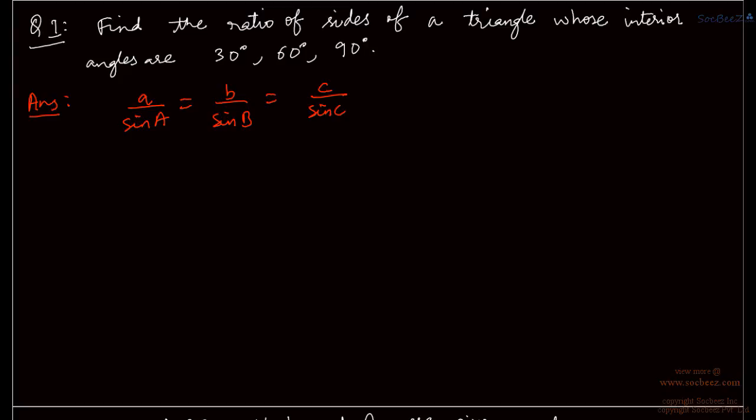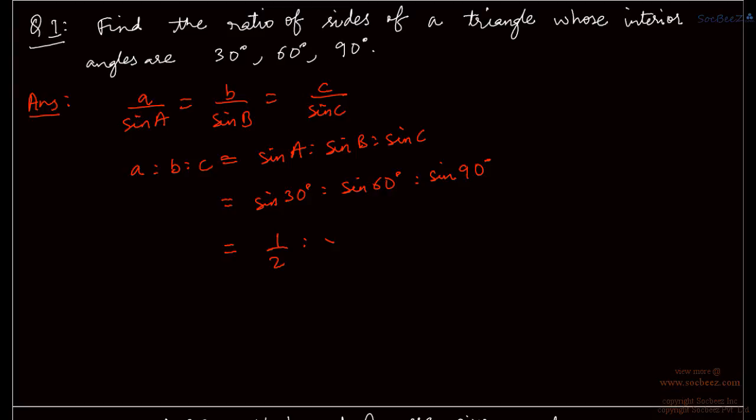Hence, a is to b is to c is equal to sine A is to sine B is to sine C is equal to sine 30 degrees, sine 60 degrees and sine 90 degrees. Now sine 30 is 1 by 2, this is root 3 by 2, this is 1.